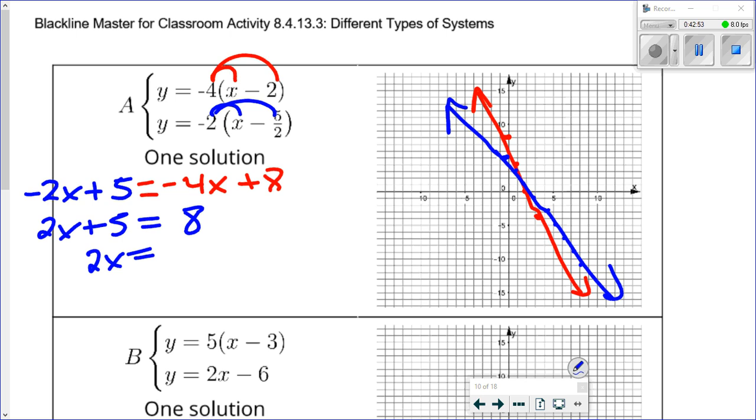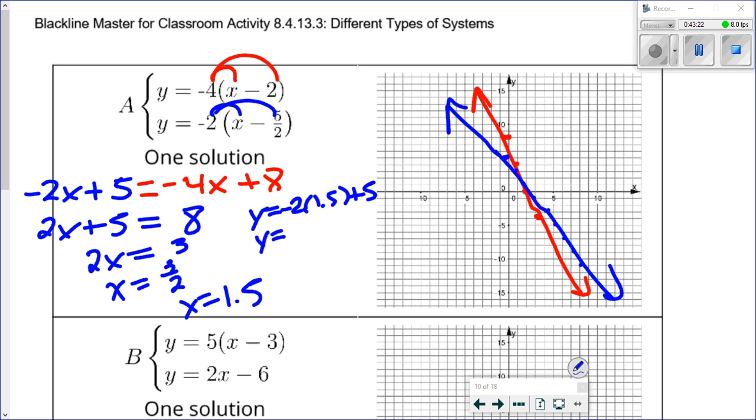And 8 minus 5 gives me 3. Then if I divide both sides by 2, I do in fact get 3/2, which is equivalent to 1.5, right? And then when I go back and substitute that into either equation, I'm going to use the blue one here. So y equals -2 times 1.5 plus 5.